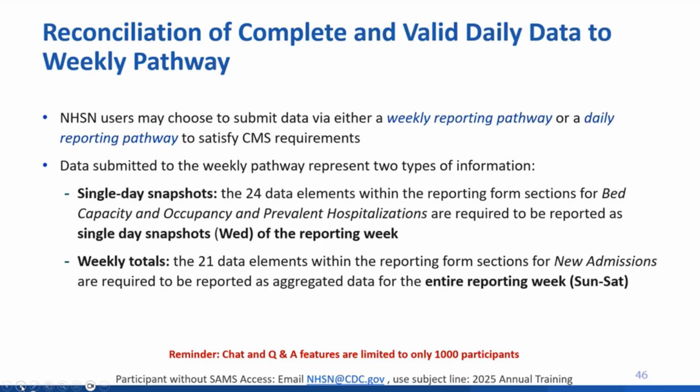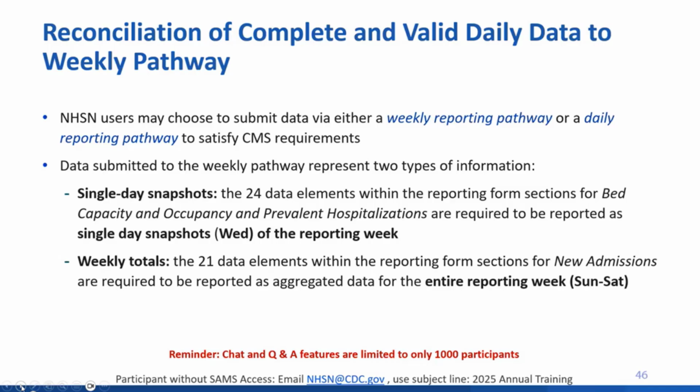As previously mentioned, NHSN users may choose to submit data via either the weekly reporting pathway or the daily reporting pathway to satisfy CMS requirements. Data submitted to the weekly pathway represent two types of information: single-day snapshots or weekly totals.